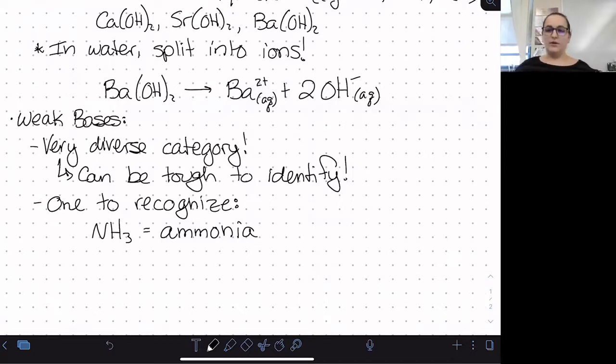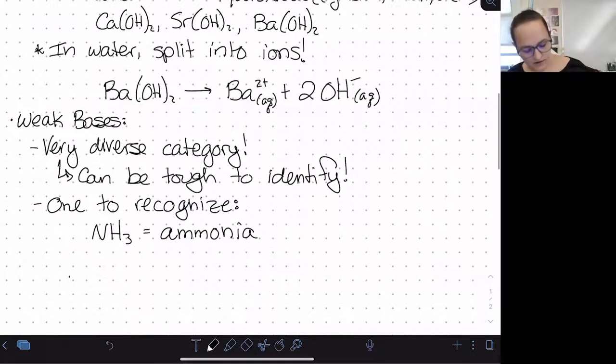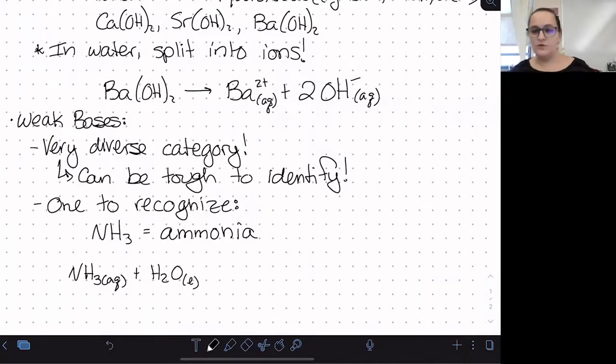So when ammonia reacts with water, and a similar reaction happens for all weak bases, it does actually react with the water, more similarly to acids. But now ammonia is our base, which is a proton acceptor.